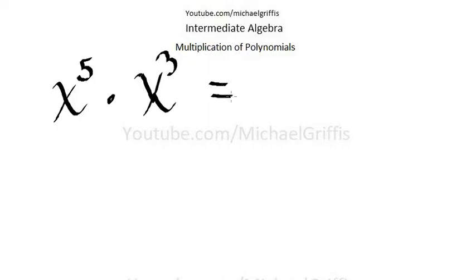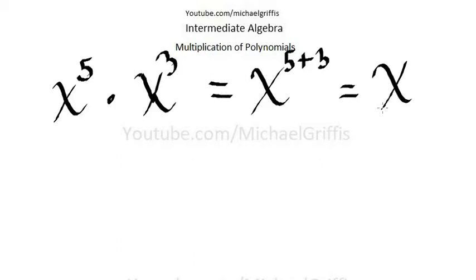So what we're going to do is we're going to add their exponents. This becomes x to the 5 plus 3, but of course we don't leave it like that. This becomes x to the 8th power. So you see that? We just add their coefficient, or add their exponent, sorry.